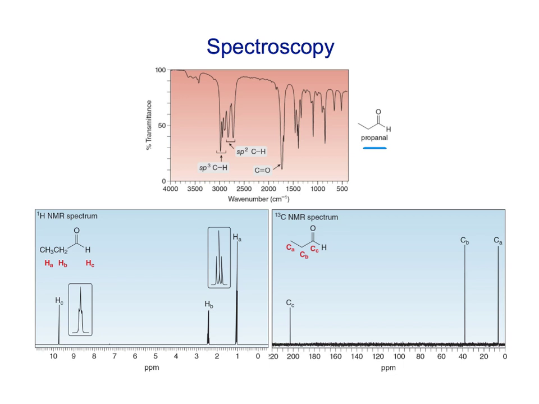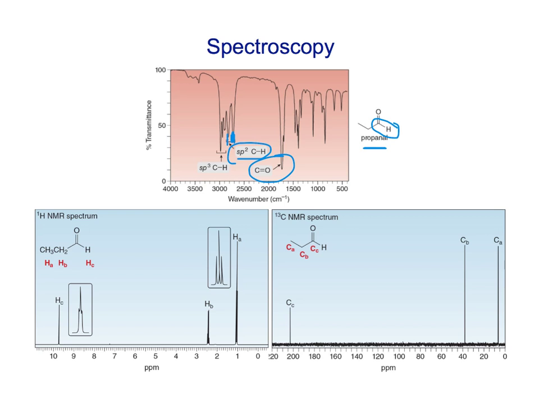Of course, for aldehydes, we have the carbonyl stretch. But the other thing that's very characteristic is that the carbon-hydrogen of the aldehyde, this bond right here, has a very unique set of peaks. And those are right here. So it's these two peaks.